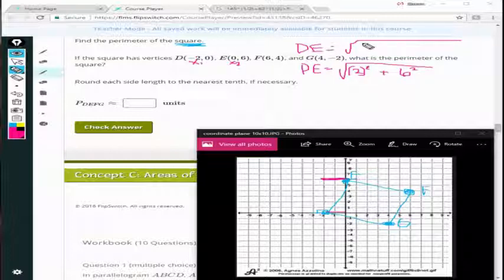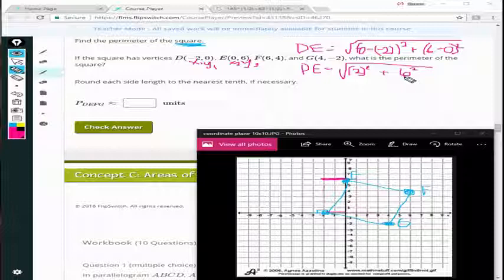So the horizontal distance would be 0 minus -2, and that all would be squared, plus the vertical distance, our y2 minus y1, which would be 6 minus 0. So if you notice, 0 minus -2 reduces down to 2, and 6 minus 0 reduces down to 6.